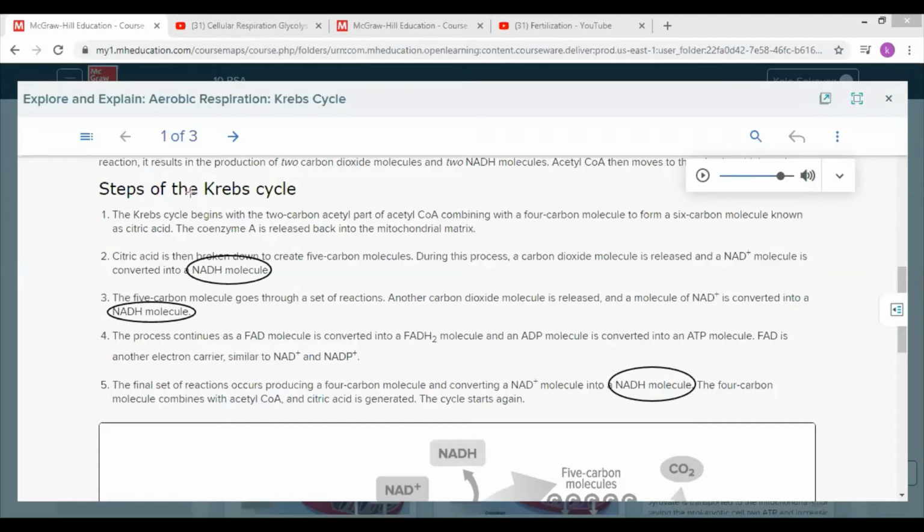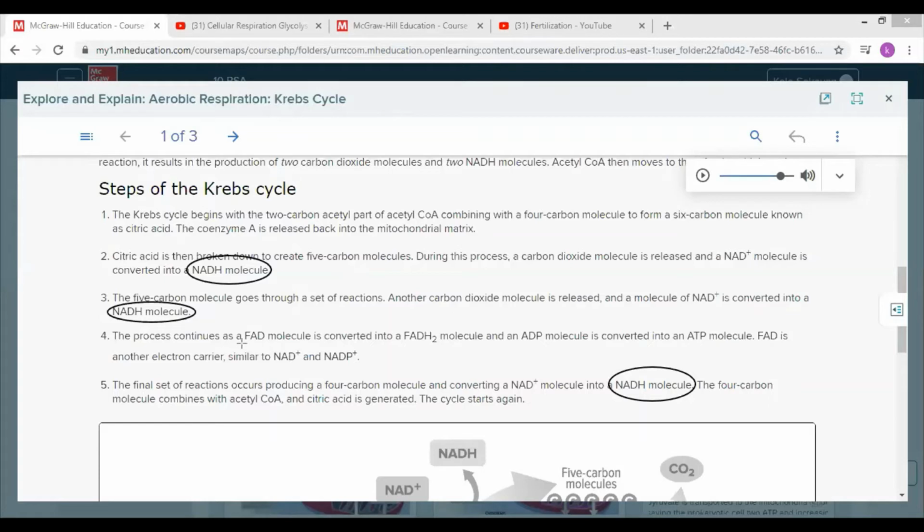So during the Krebs cycle, 3 molecules, and 1 molecule in the preparatory phase. So each pyruvate will release 4 molecules of NADH. Here you have a new molecule. We have a new molecule.